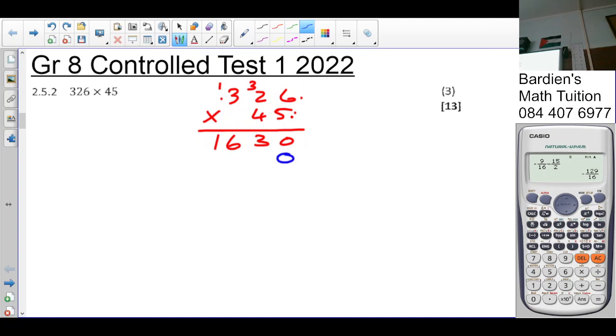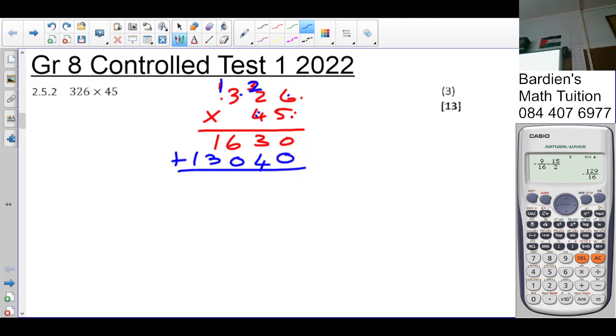Add a 0 because I'm multiplying by 10s now. 4 times 6 is 24. Carry the 2. 4 times 2 is 8 plus 2 is 10. Carry 1. 4 times 3 is 12 plus 1 is 13.